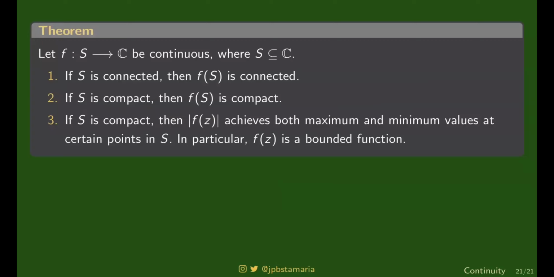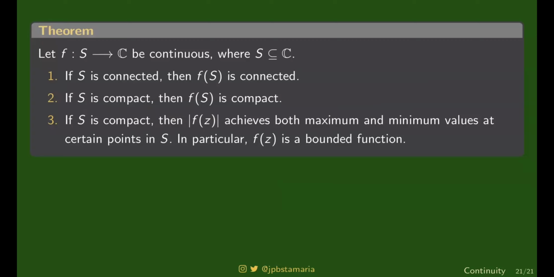Number 1, kung connected man yung set na S, yung image nun under a continuous function is also connected. No? Kung si S naman, yung domain mo ay compact, yung image ng isang compact set under a continuous function is also compact. Okay?